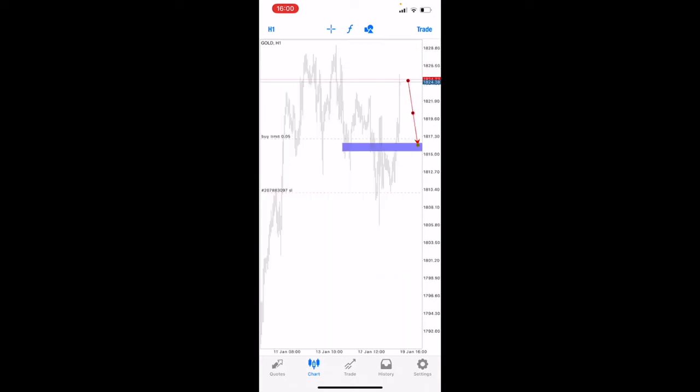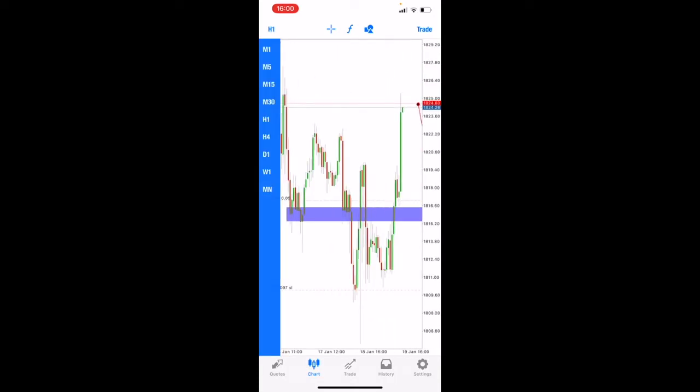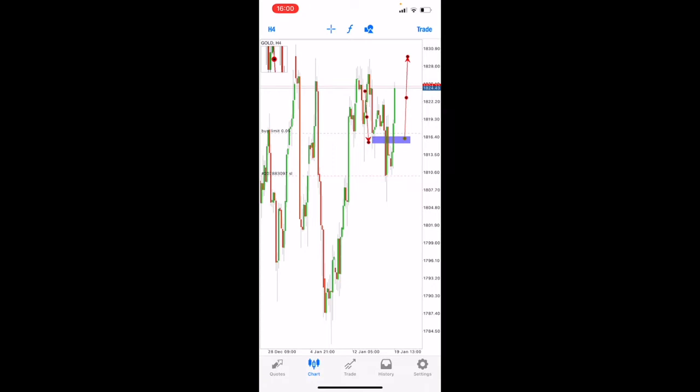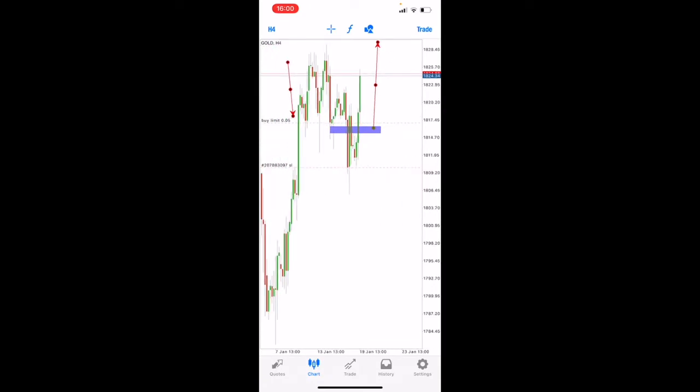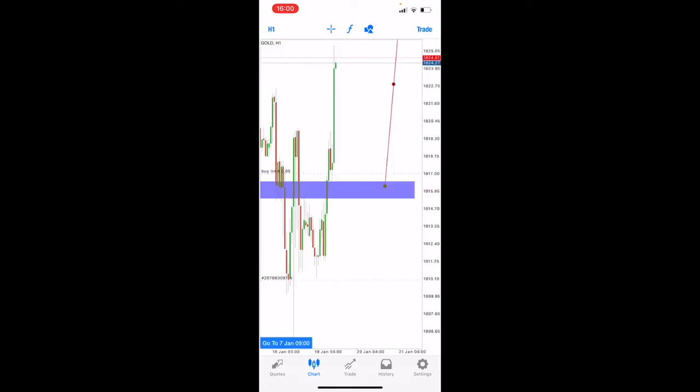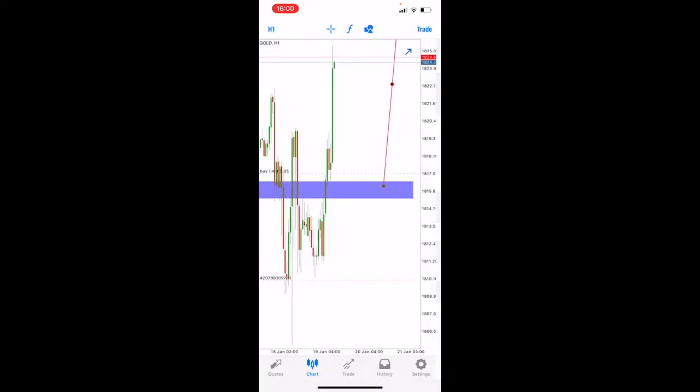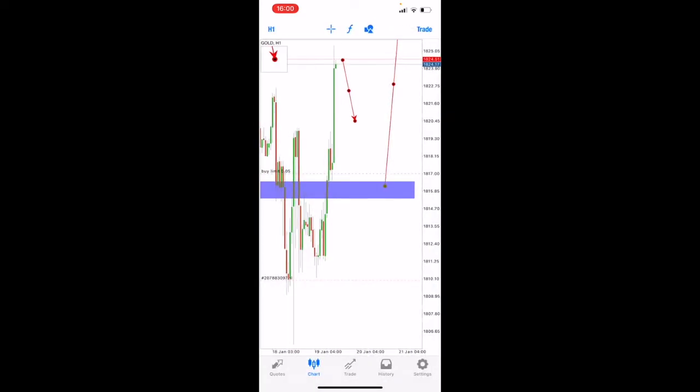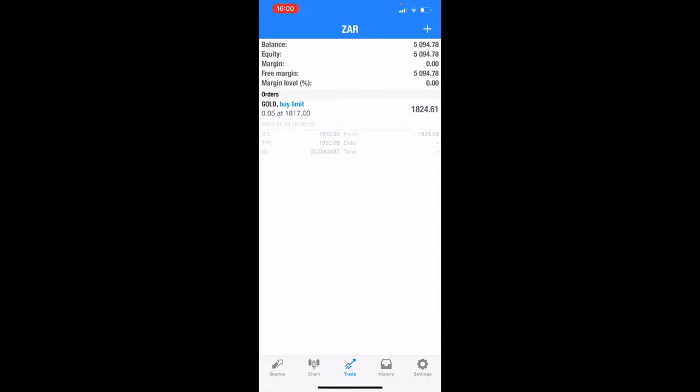So what will happen is price needs to come down. It won't be open right away, just like the sell and buy stop.